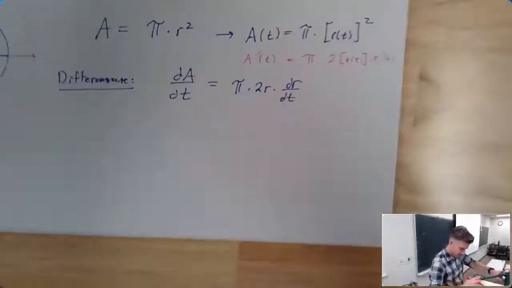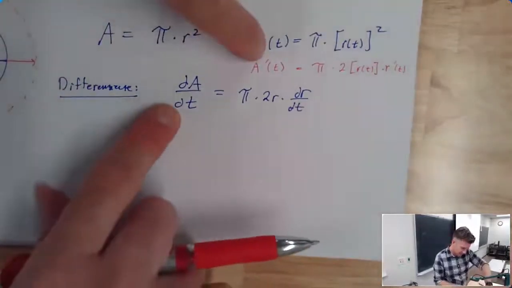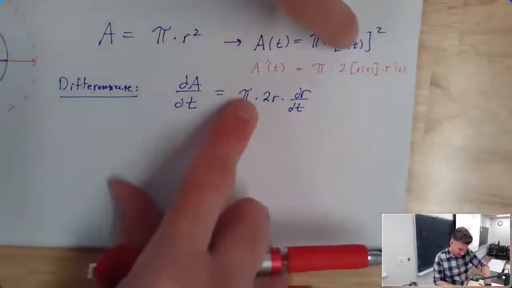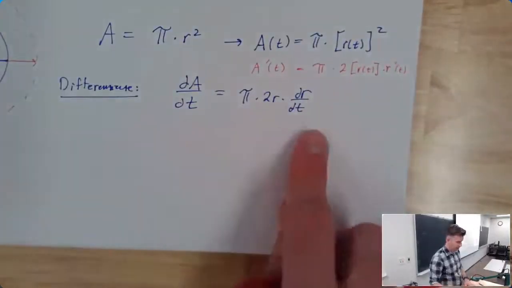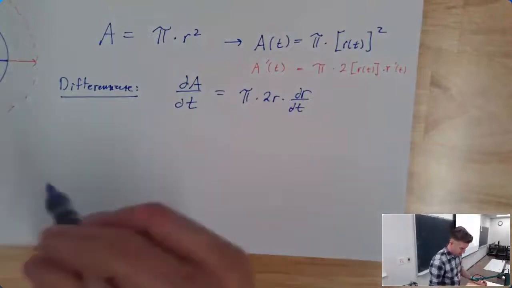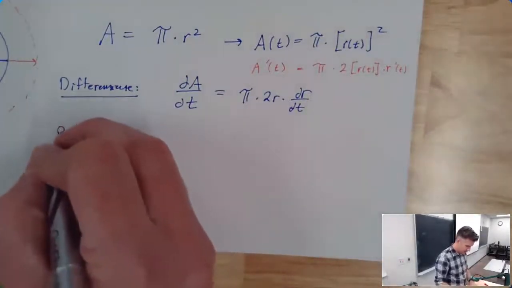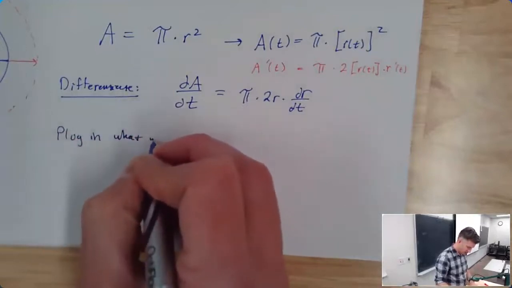Maybe now it's a little more obvious that, oh yeah, we're just getting dA dt equal to pi times 2 times r times dr dt. We just like to write it this way. And then after you differentiate both sides, the rest of the process is kind of a plug in what you know, solve for what you don't.